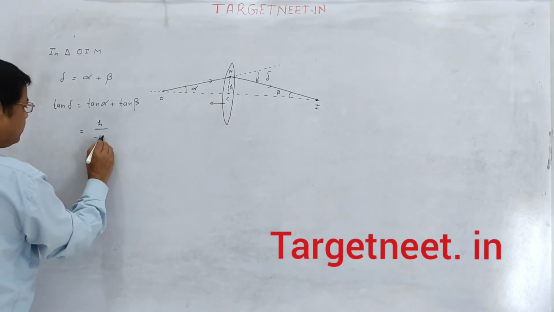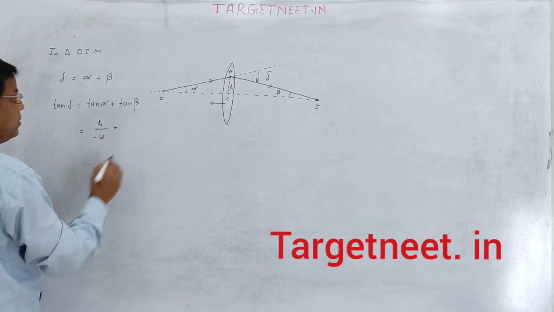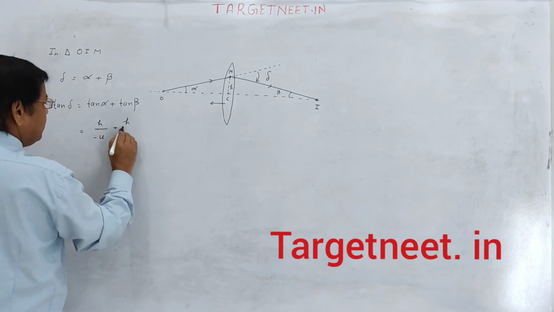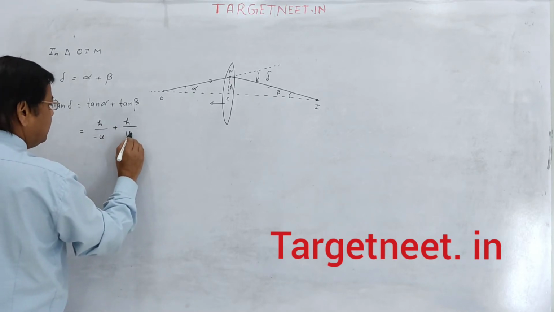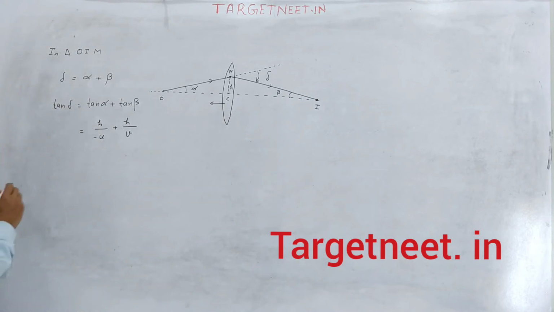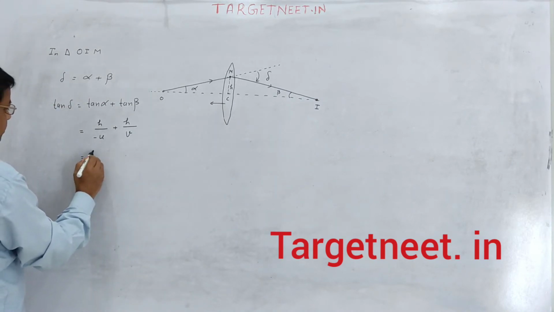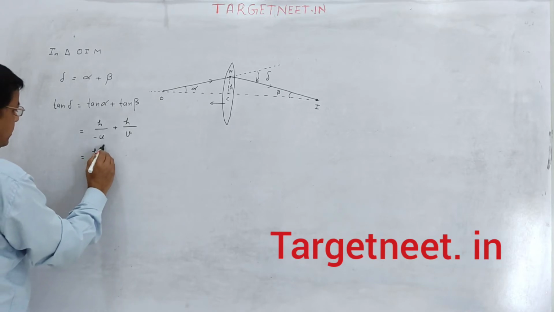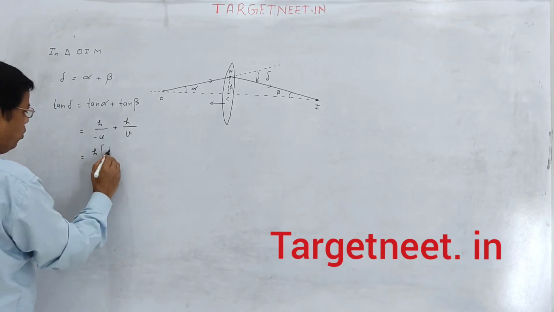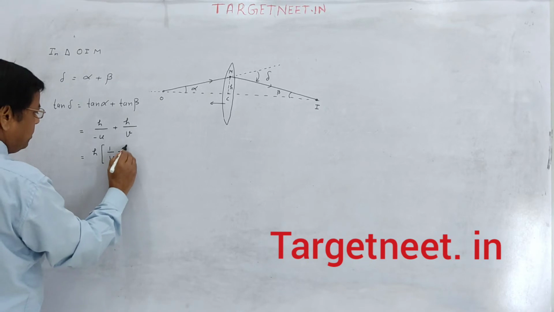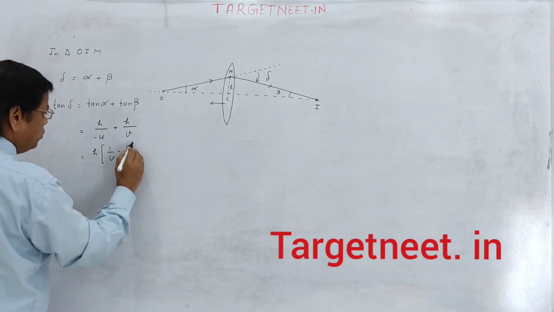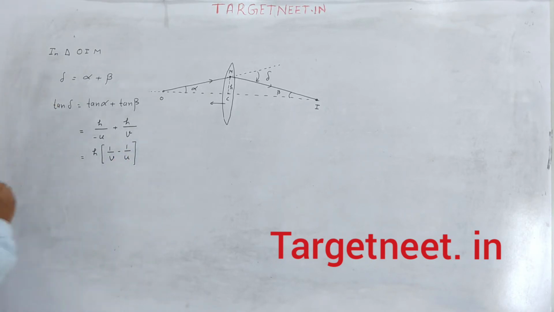So minus u plus tan beta h divided by v is positive. So if I take h common, then it is 1 upon v minus 1 upon u is equal to tan delta.